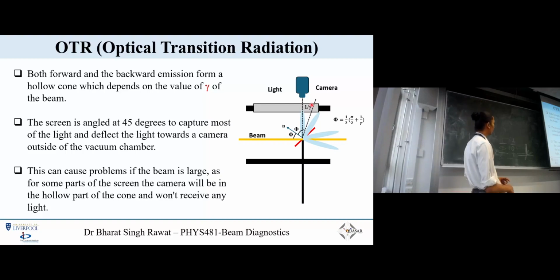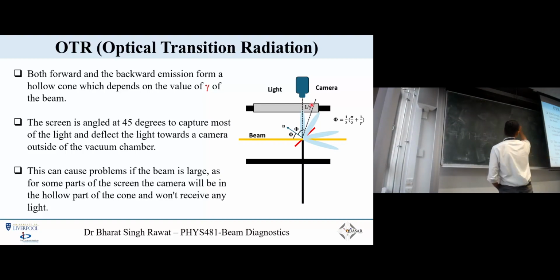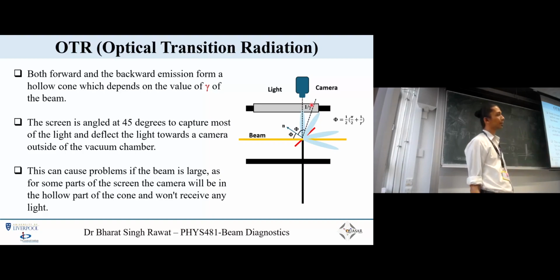So if you plot the theta versus intensity curve of a particular beam energy, for a particular angle it will have maximum intensity, and for some angle it will have 0. And then again, it will give you this very typical M-shaped curve, and this contains the information of the divergence of the beam.